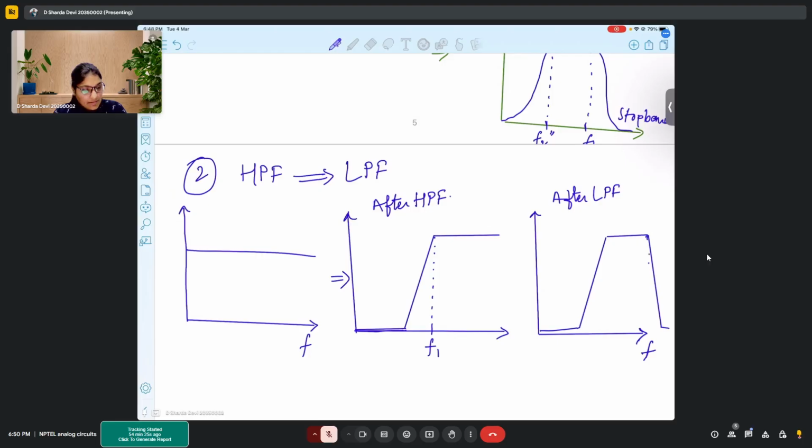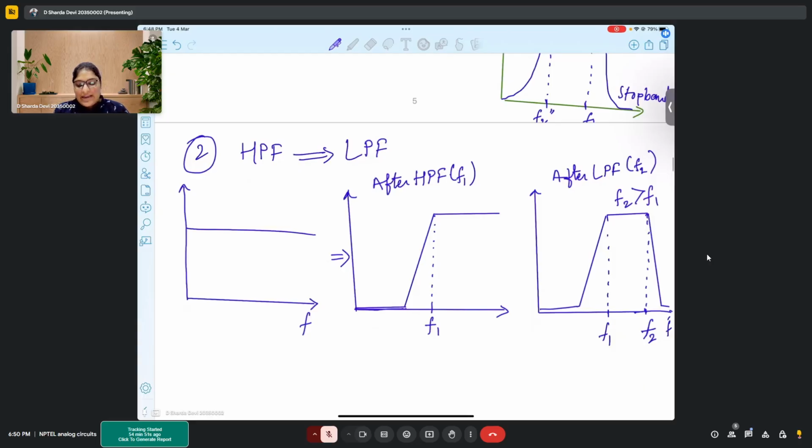Okay. So this is only possible when I have F2 greater than F1. Here the cutoff frequency is F2, here the cutoff frequency is F1.